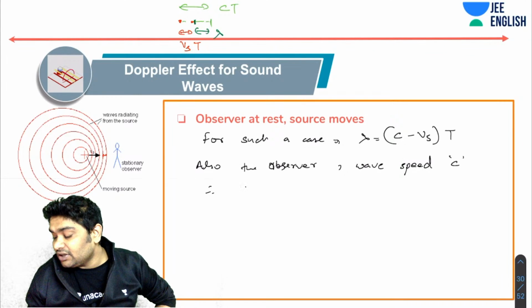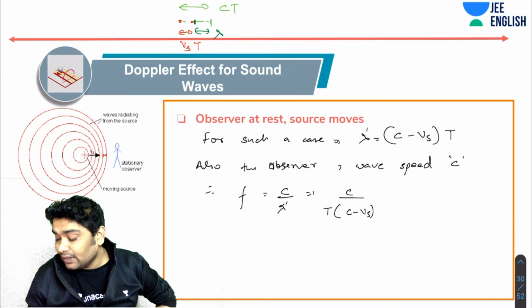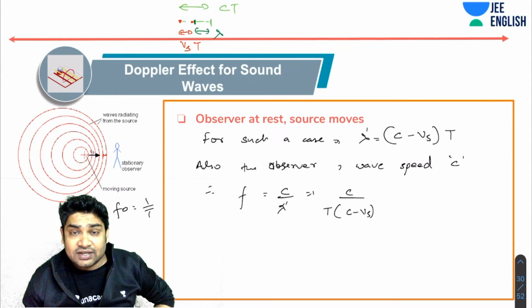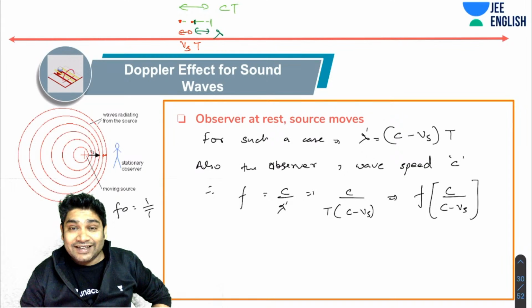Therefore, the frequency heard by the observer, with this being lambda dash, would be c over (c minus v source) times T. I also know that f naught, the frequency emitted by the source, is equal to 1 over T. So obviously, this becomes f naught times c over (c minus vs), where vs is the speed of the source.